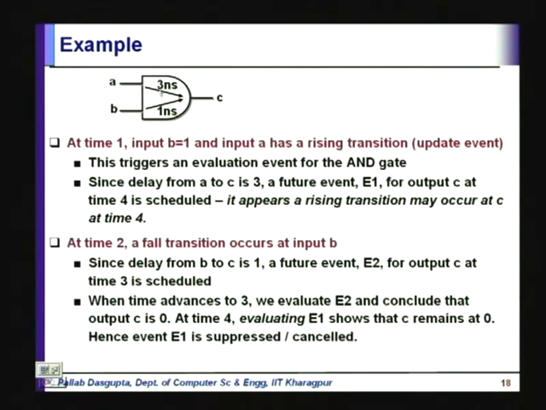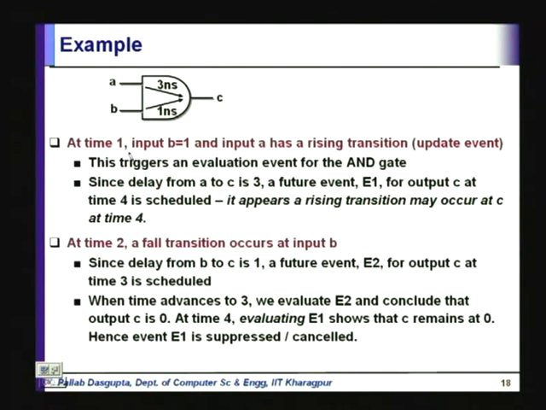This is a single AND gate with two inputs A and B. The delay from A to C is 3 nanoseconds and the delay from B to C is 1 nanosecond.